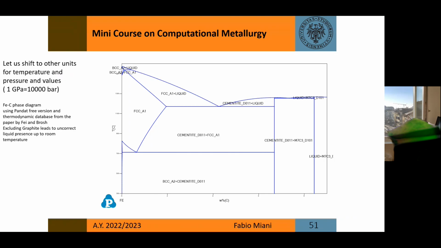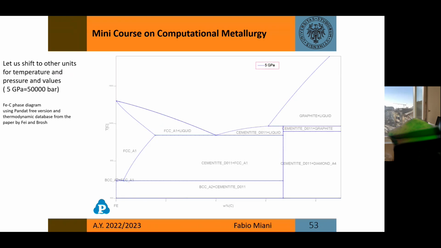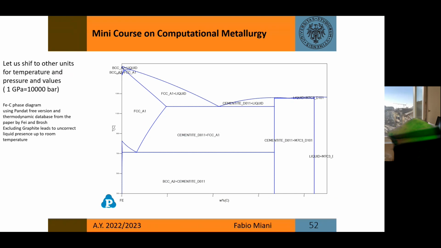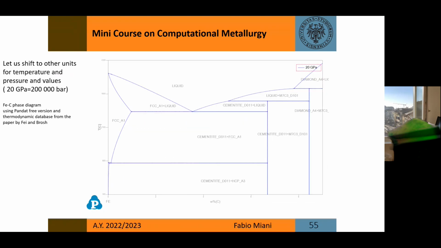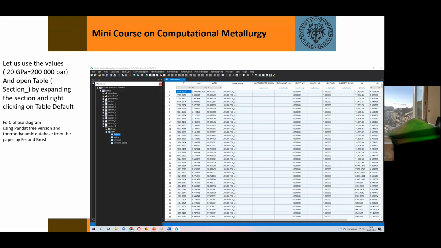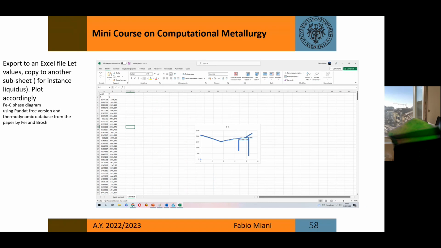I wouldn't go that long for an introductory course. You can select those different values, and again, these are the tables you can get from Pandat, and this is something you can build even from Excel.